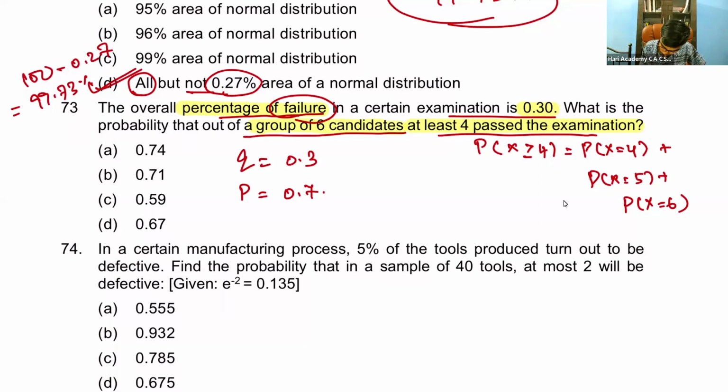First, we need to find out P of X is equal to 4. What is P of X is equal to 4? 6C4 into 0.7 whole power 4 into 0.3 whole square.